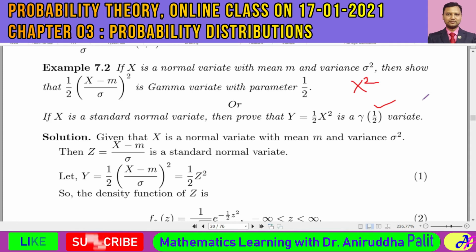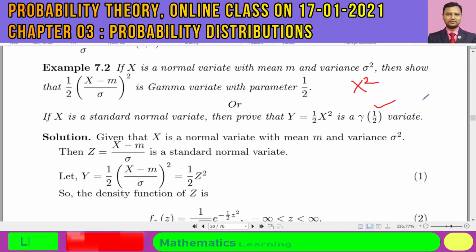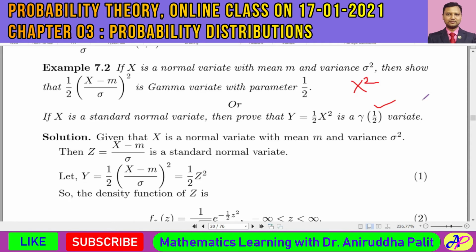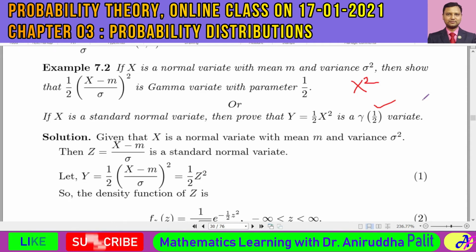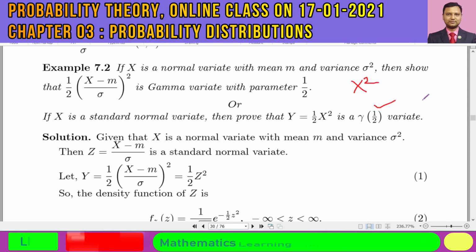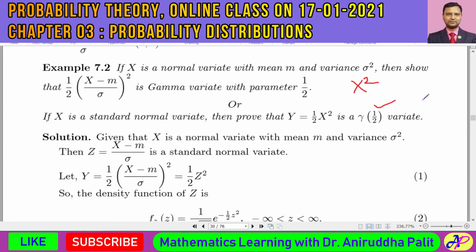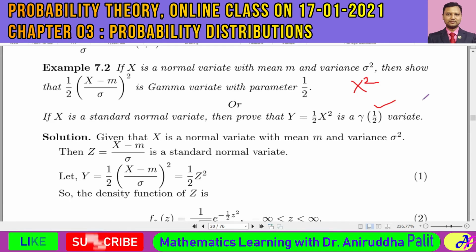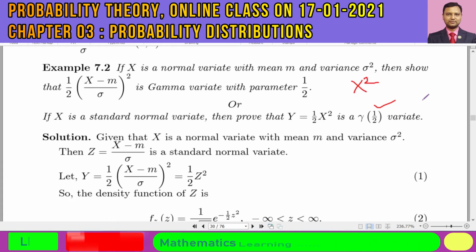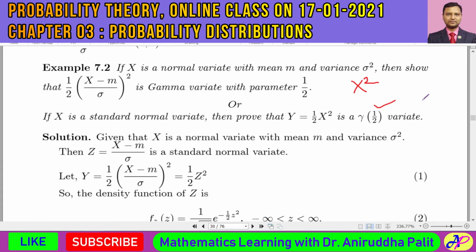Although chi-square distribution has not been introduced formally in our previous lectures, later on, hopefully not in this chapter but in the chapter after this one, we shall prove that if x is a standard normal variate, then x square follows a chi-square distribution. That we shall discuss later.